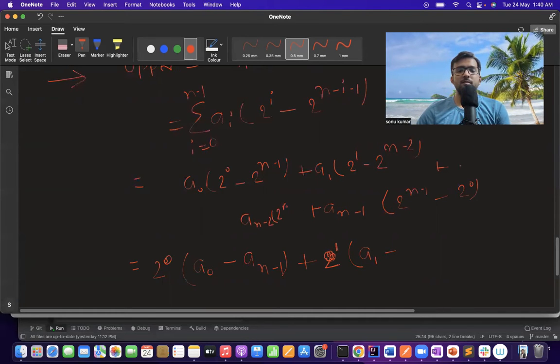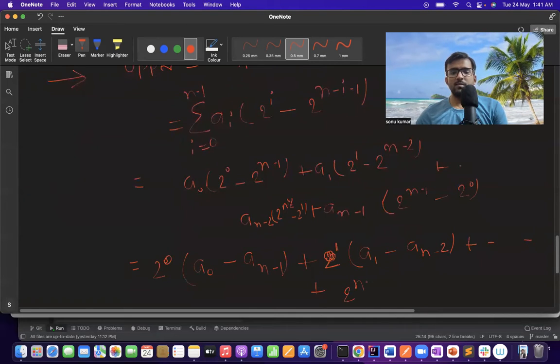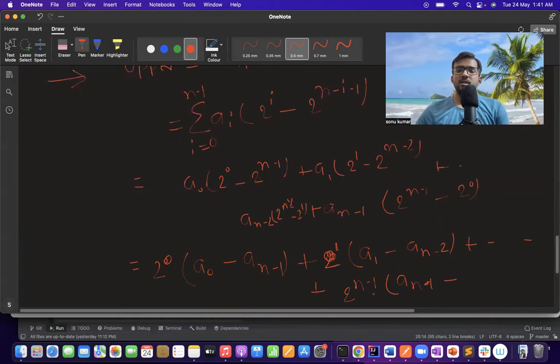So here the common is a n minus 2, and similarly so on. For the last element, we take 2 raised to power n minus 1 common, so we have a n minus 1 minus a0.